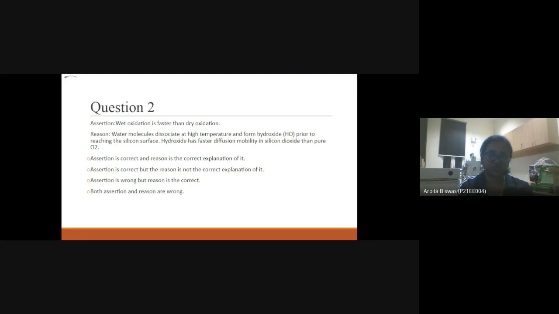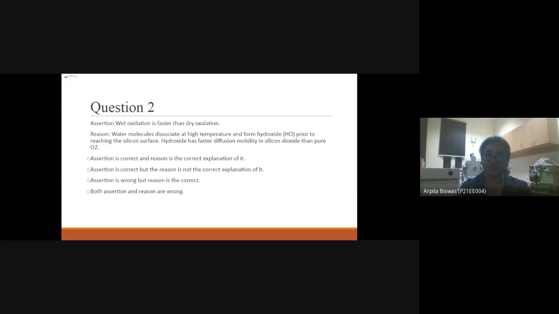The first option is the assertion is correct and the reason is the correct explanation of it. The second option is the assertion is correct but the reason is not the correct explanation of it. The third option is the assertion is wrong but the reason is correct. And the last option is both assertion and reason are wrong. Please unmute yourself and try to give the answer.